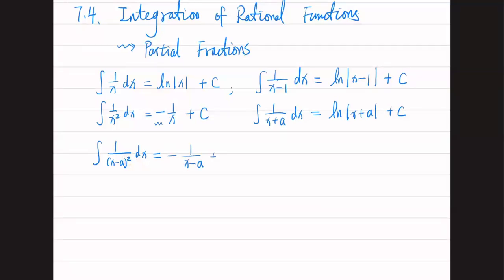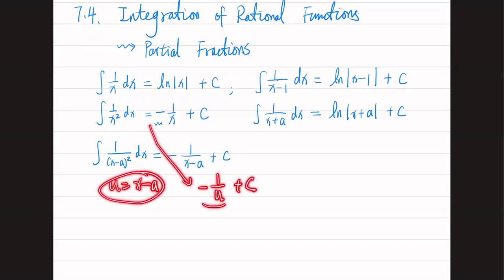Yes. Again, we can use the substitution. We can introduce a variable u equals x minus a, then apply this method to get negative 1 over u plus c. Then we switch back to x: negative 1 over x minus a plus c. Okay, that's how we find the integral.